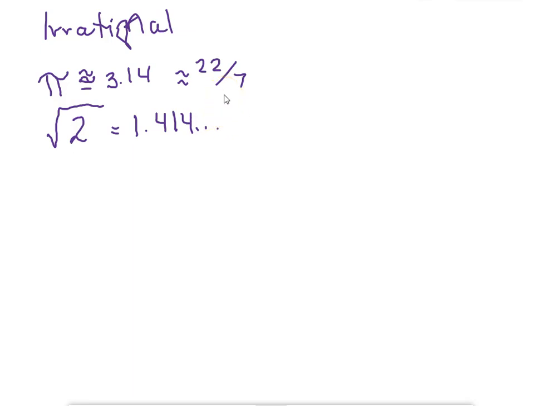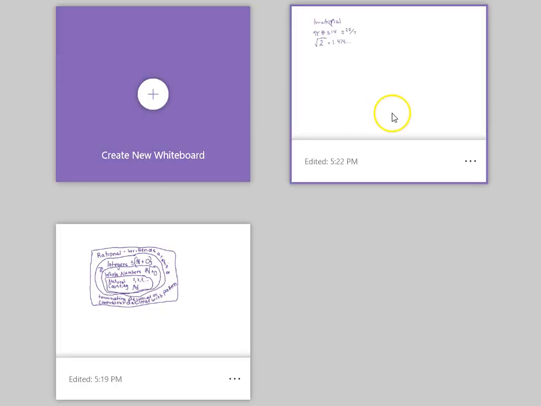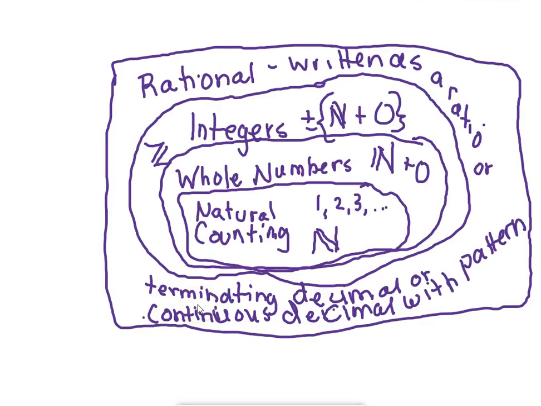So let me go back to this one. I'm going to change this up a little bit. I'm going to put irrational off to the side, in a different color so that it's clear that we are not talking about the same group.